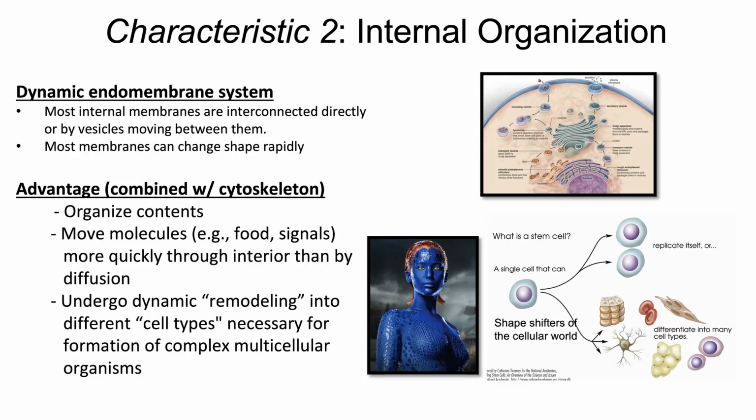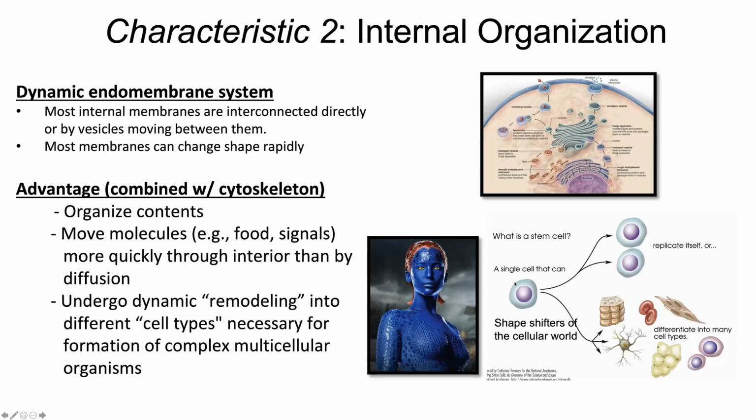And so, for example, you can think of stem cells. Stem cells are unique eukaryotic cells, and they're really the shapeshifters of the cellular world. So I have this picture of Mystique, the X-Men, that's a shapeshifter. She can morph into all these different shapes and make herself look like any person or anything that she wants to.